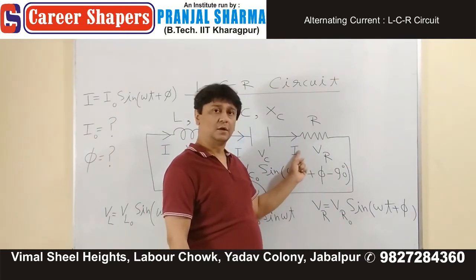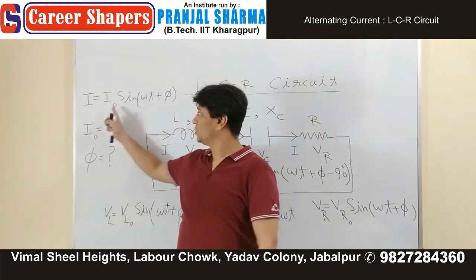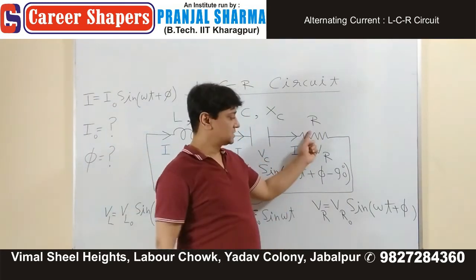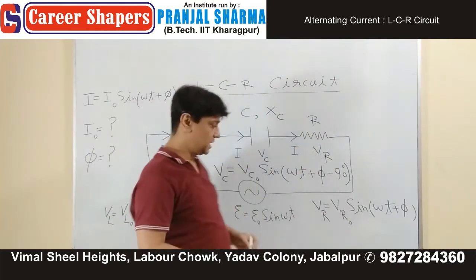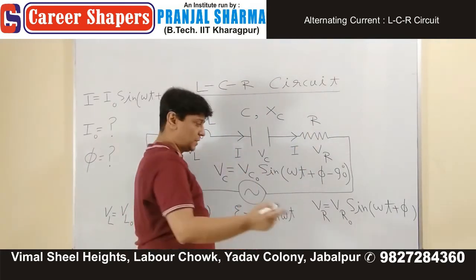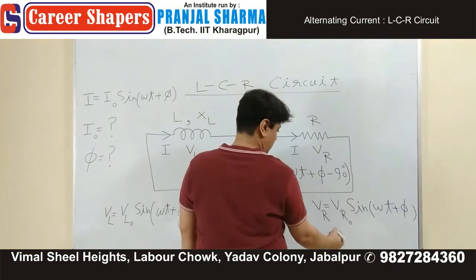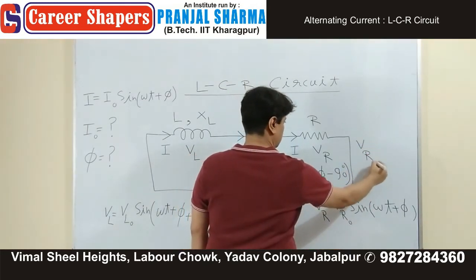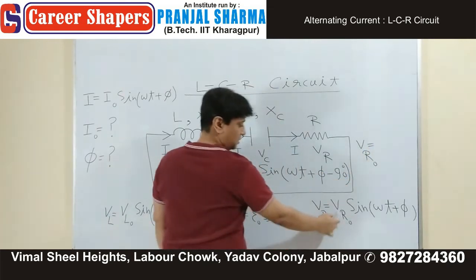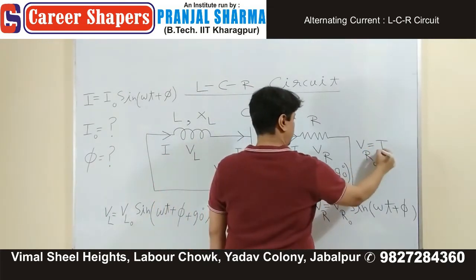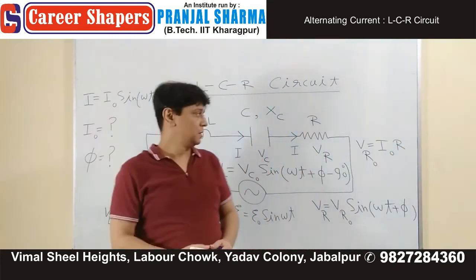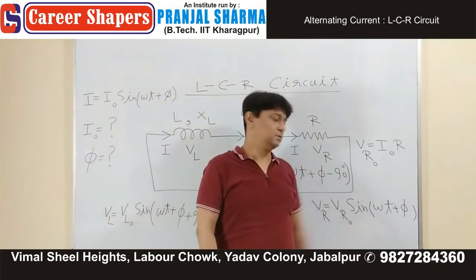I, which has a maximum value of I naught. And what is resistance? R. So it tells you that this VR naught is I naught multiplied by R. That's your VR naught.